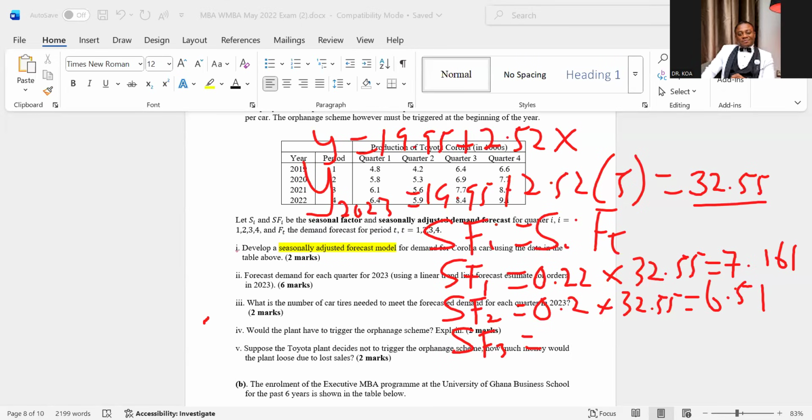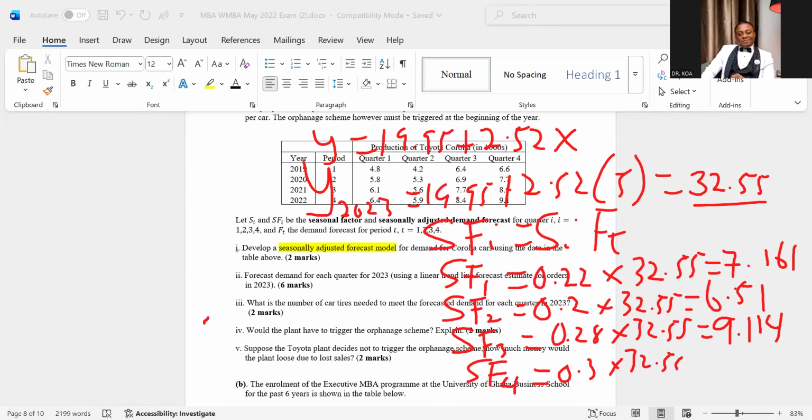So you get 0.28 times 32.55. That's the third quarter. What do you get? 9.114. And then the final one is SF4 for that quarter. That is 0.3 times 32.55.